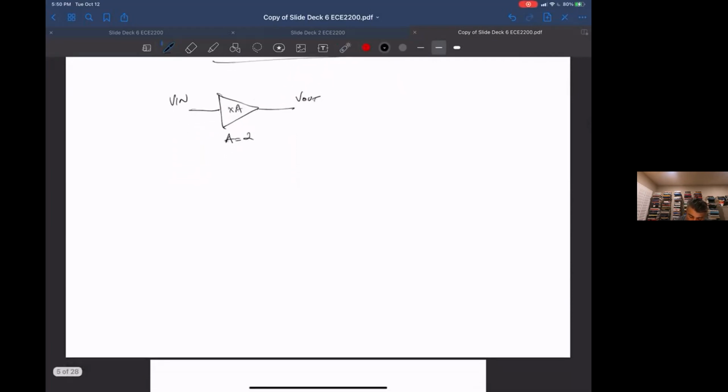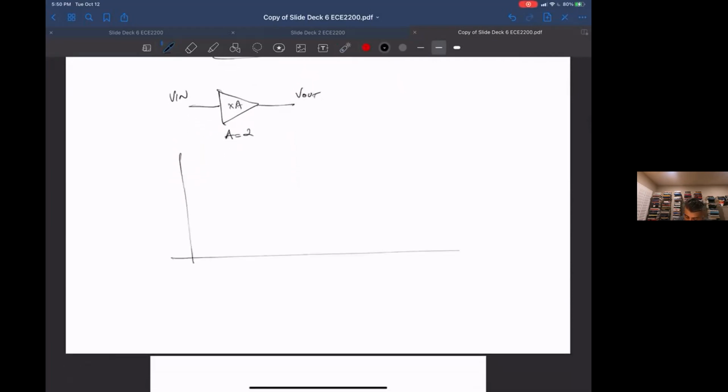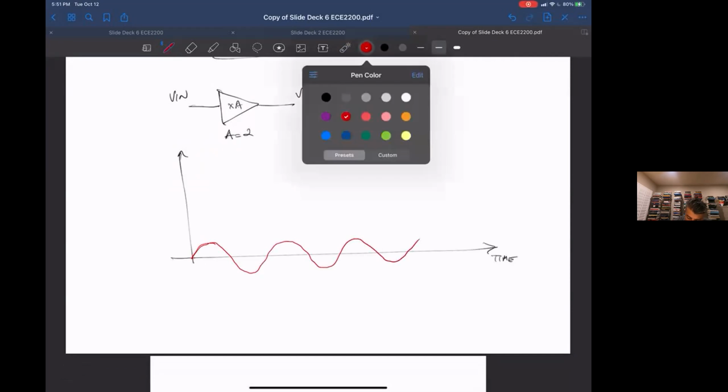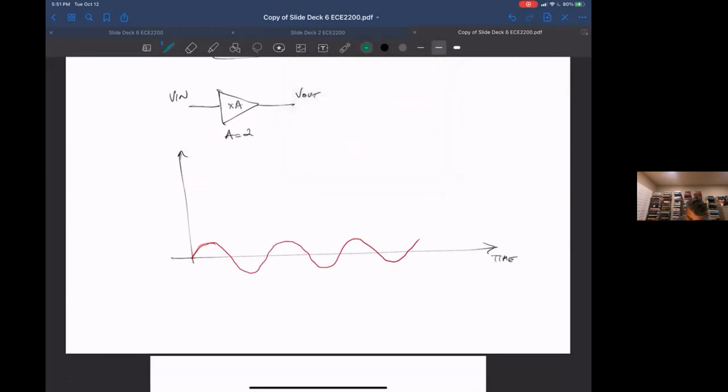So let's say I draw my input signal as a function of time. Let's say it's a sine wave for the sake of discussion. My output signal is just going to be 2 times that if I had a gain of 2.